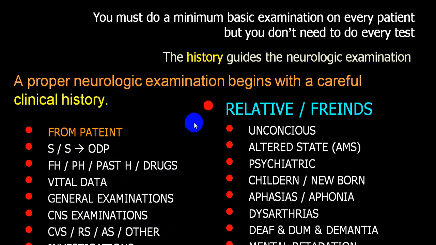But in some persons, you will obtain the history from relatives, friends, or even from the previous doctor, etc. Particularly in the person who is unconscious, altered mental status, psychiatric disorders, children, newborns, a person who has got aphasia or aphonia, dysarthria, where you cannot understand what he wants to explain to you, deaf and dumb person, person who has got dementia or mentally retarded person. In all this group of people, you will require to get a history from relatives and friends.